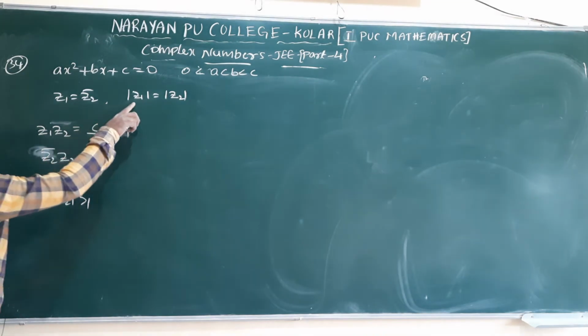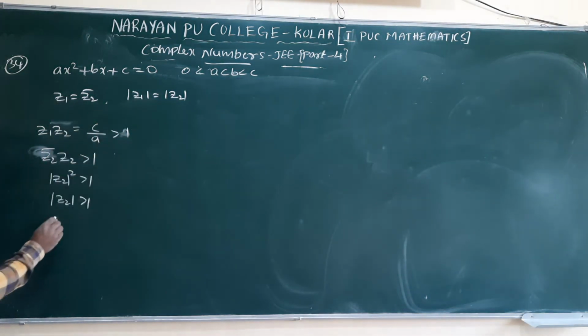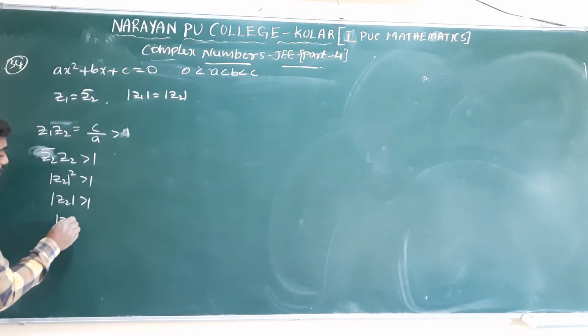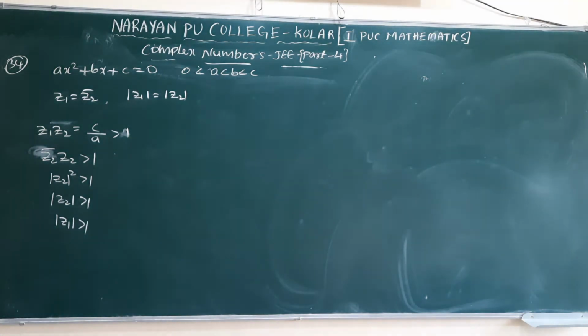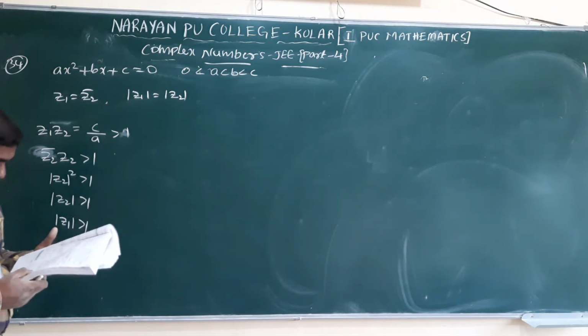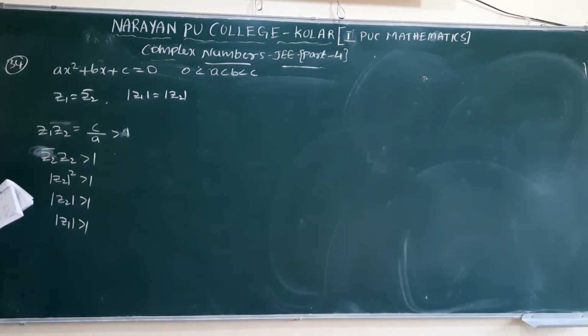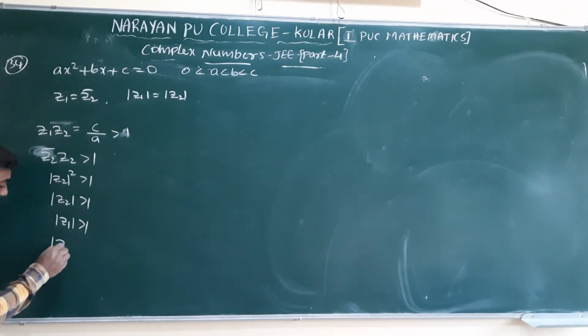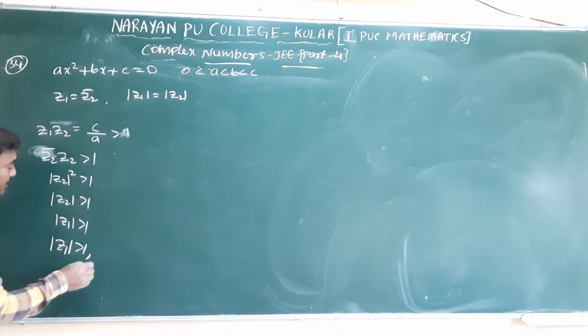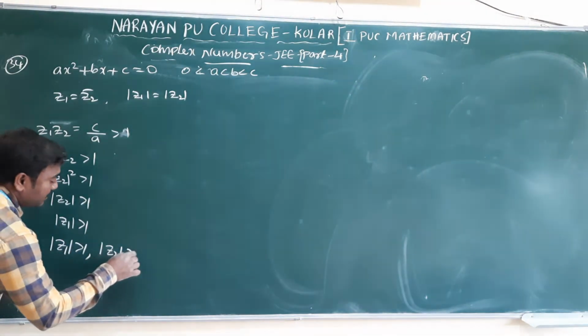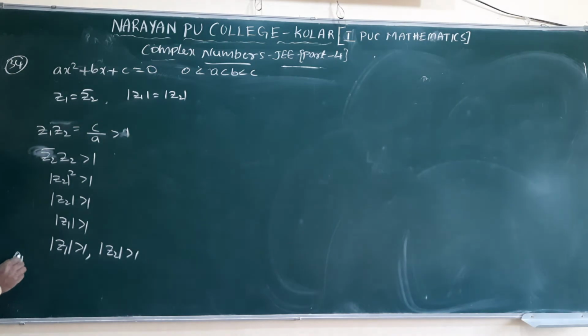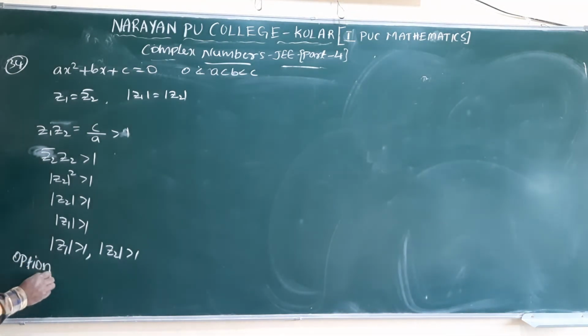But modulus of z1 is equal to modulus of z2, so modulus of z1 is also greater than 1. Option D is the correct option: modulus of z1 greater than 1, modulus of z2 greater than 1.